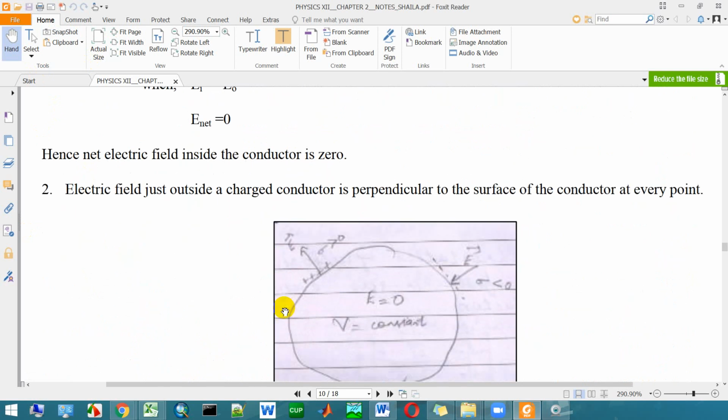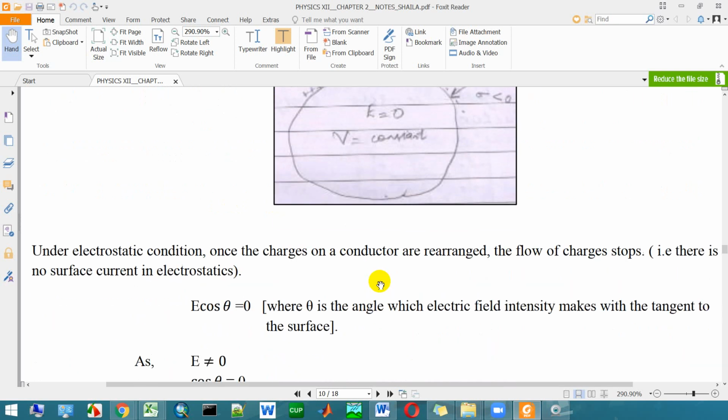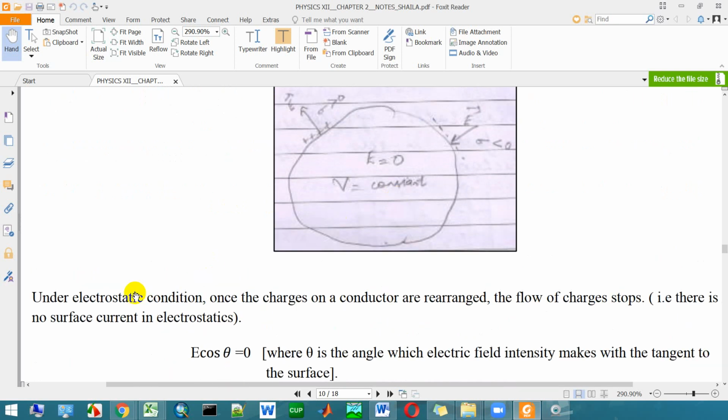The second property is that the electric field just outside a charged conductor is perpendicular to the surface of the conductor at every point. This means the direction of the electric field is always perpendicular to the surface of the conductor. In electrostatic conditions, once the charges on the conductor are rearranged, the flow of charges stops and there is no surface current.